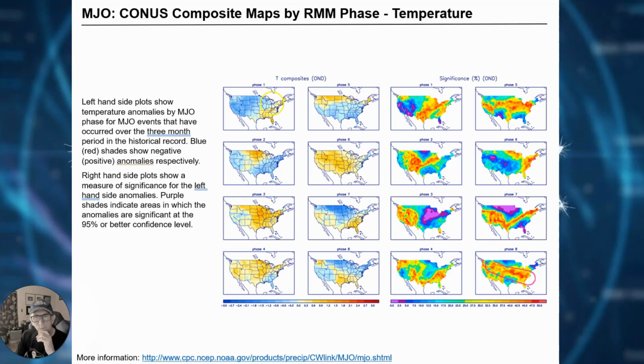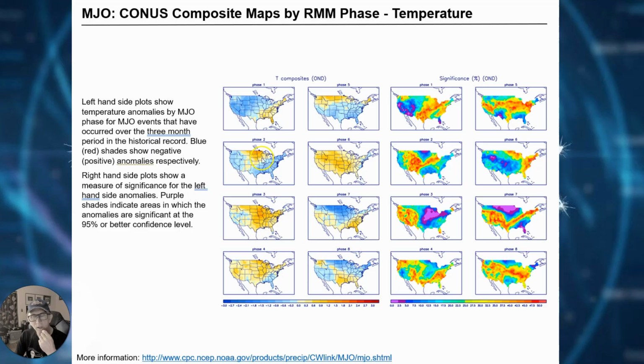So we move into phase 1, which is the phase before it returns to the Indian Ocean, right? Cooler than normal temps out west and warming back in the southeast. So, for the southeast, phases 7, 8, and 1 aren't that favorable for cool temps.